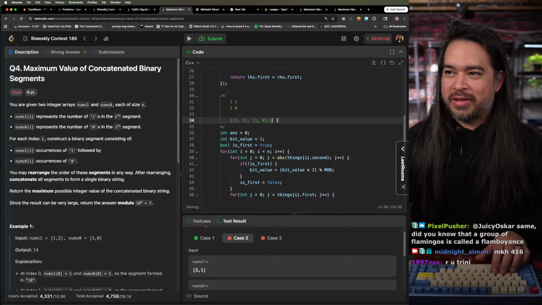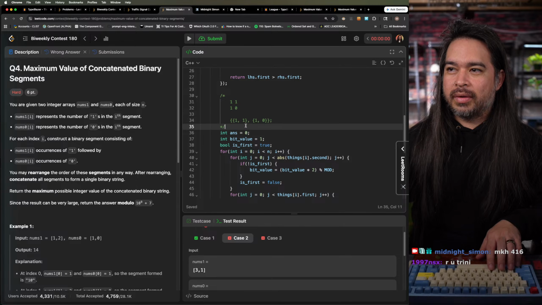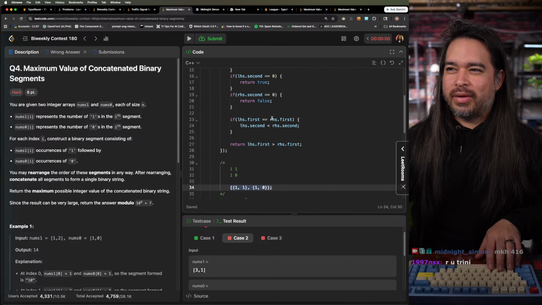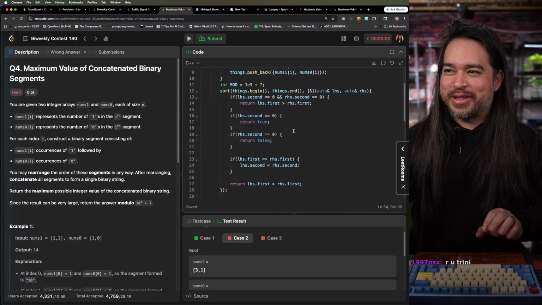But I wanted to sort them so that... oh, no. So how is it sorting them, first of all?